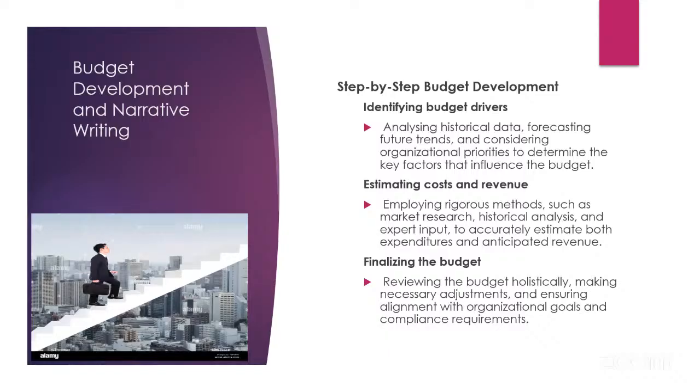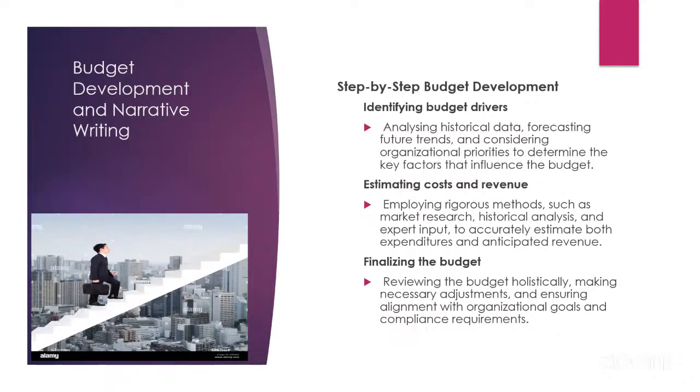Then you do forecasting for future trends. After that, you also need to consider the organizational priorities and determine the key factors that influence the budget. So that's the first step: you have to identify the budget drivers.